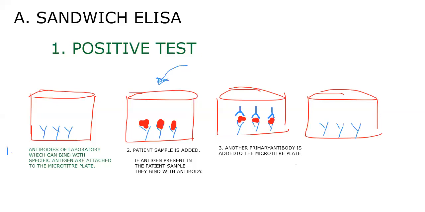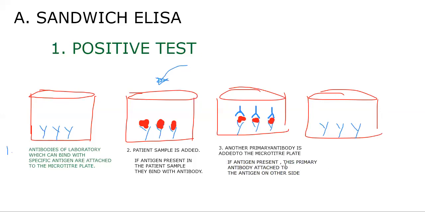Then what do we write? If antigen is present, this primary antibody attaches to the antigen on the other side.